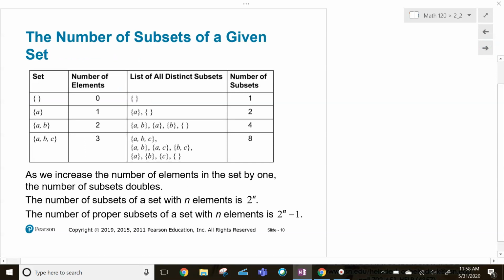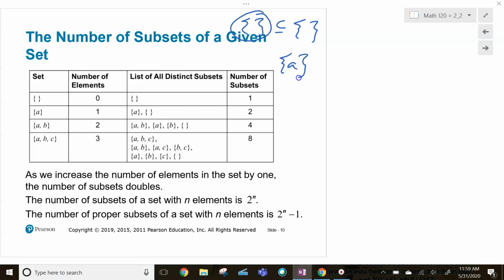Okay, so let's talk about the number of elements in a set. First of all, if we have no elements and you list all the subsets of that, the only one is itself. So there's only one subset. Let's say we take another set and we just have one element in it.